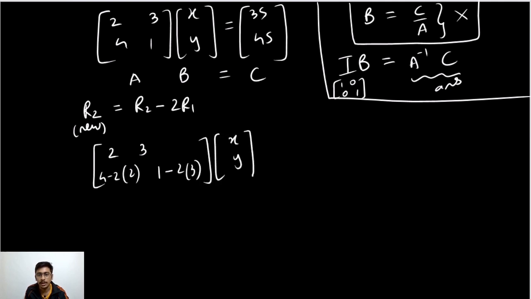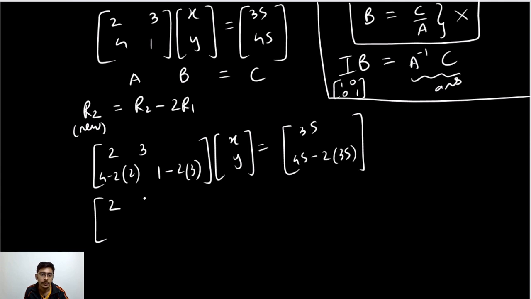X, Y equals, doing the same row transformation on the C also. So I'll write 35 over here, and what can I write over here? I'll write simply 45 minus 2 into 35. So what did I get from my first transformation? From my first transformation, I got 2, 3, 0, and 3 2s are 6, correct?